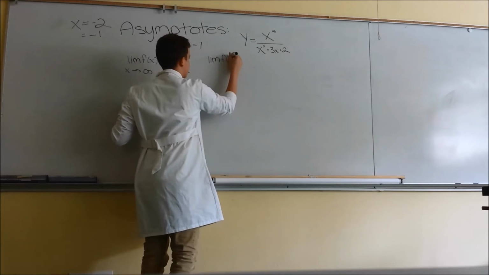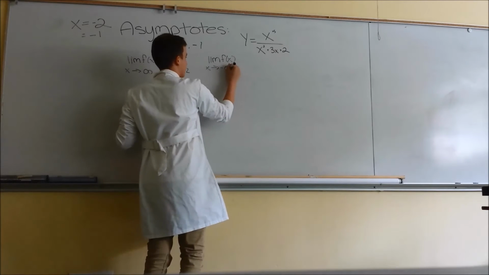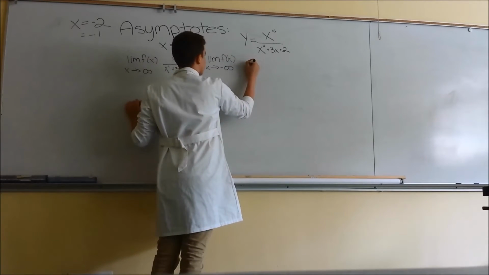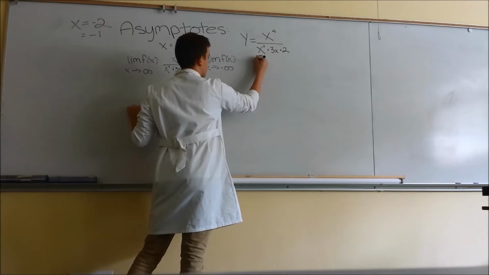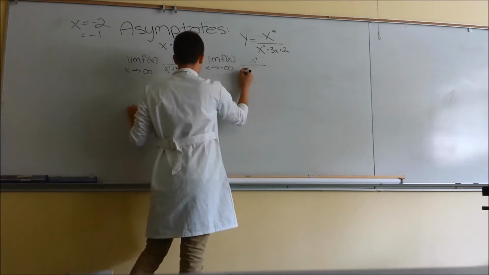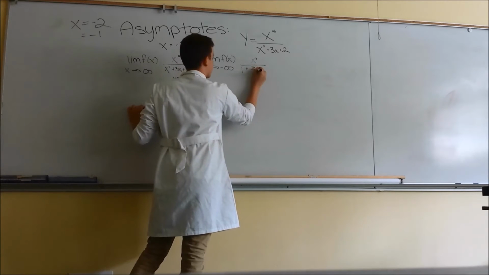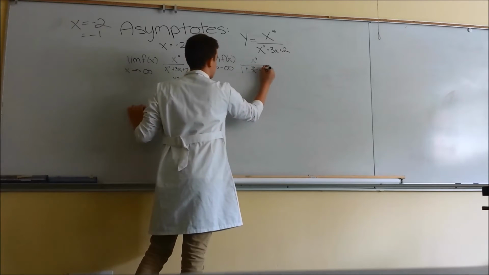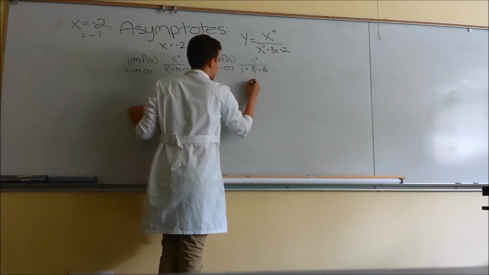So we do the exact same steps as before, except approaching negative infinity. And I'm going to go ahead and skip to here, where we've already simplified our function. So we have x cubed over 1 plus 3 over x plus 2 over x squared, and we sub in our negative infinity.